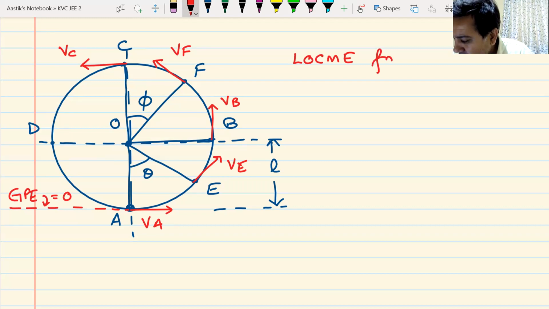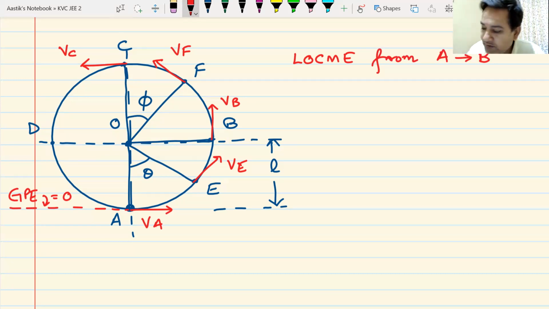Now let us write the equation, starting from our favorite points, from A to B. Can anyone help me in writing it? I'll give you 15 seconds to show me your talent. What is the equation from A to B?